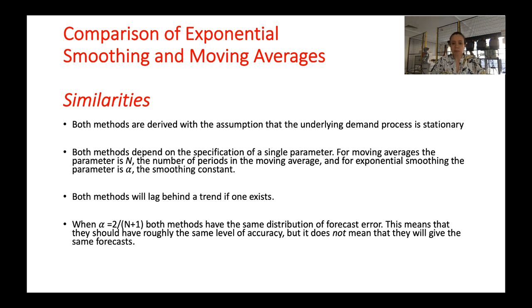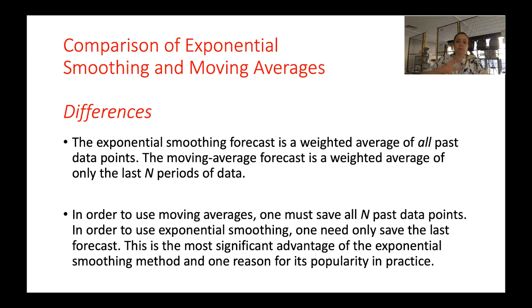And to be able to compare both of the methods, we have to equate the age of the data, and by the equality alpha is equal to 2 over (n plus 1), both of the methods have the same distribution of forecast error. This means that they should have roughly the same level of accuracy, but it doesn't mean that they will give the same forecasts.